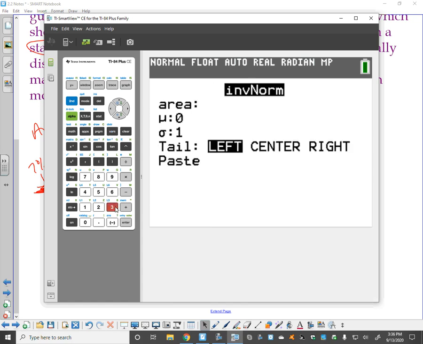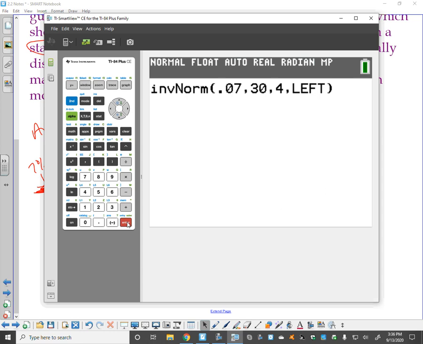So inverse norm, I take my area, which is 0.07. My mean was 30, and my standard deviation was 4. And I'm going to paste. And I got 24.0968.